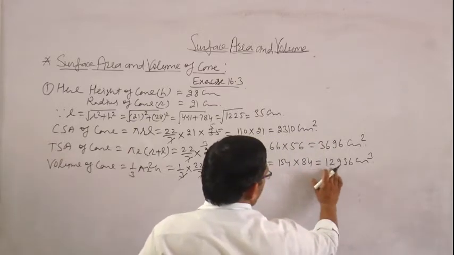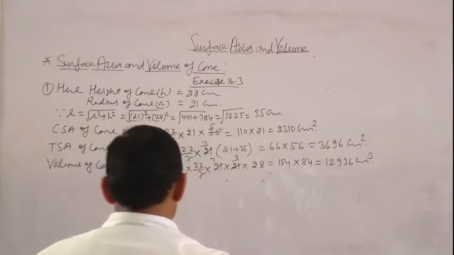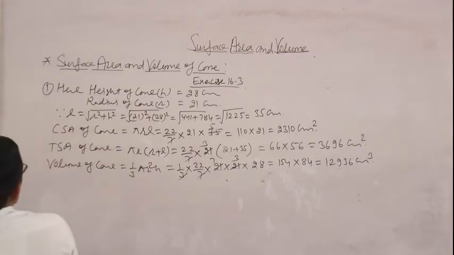So these are the values of CSA, TSA and volume of cone.